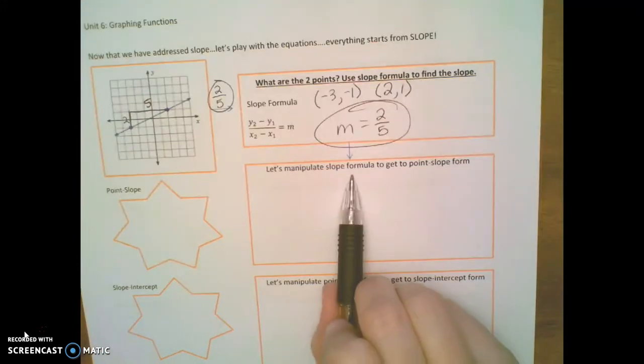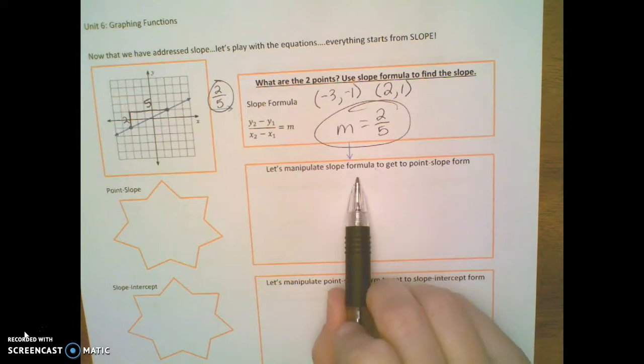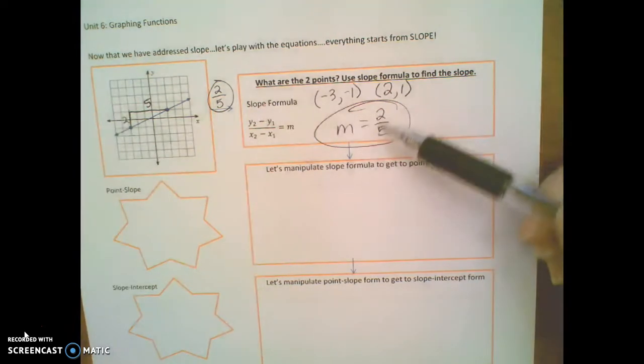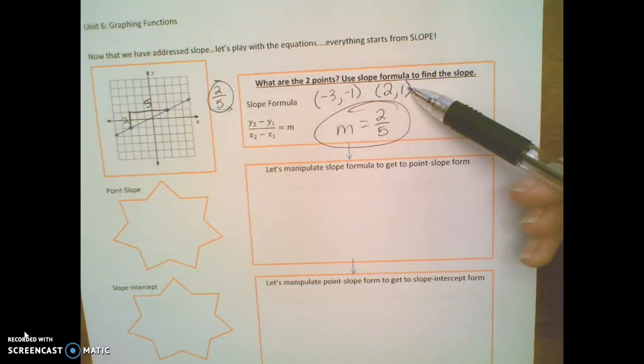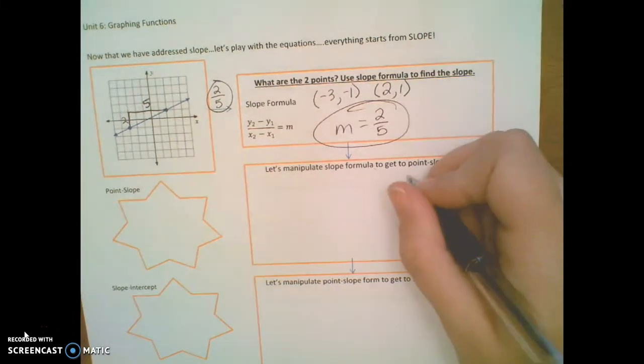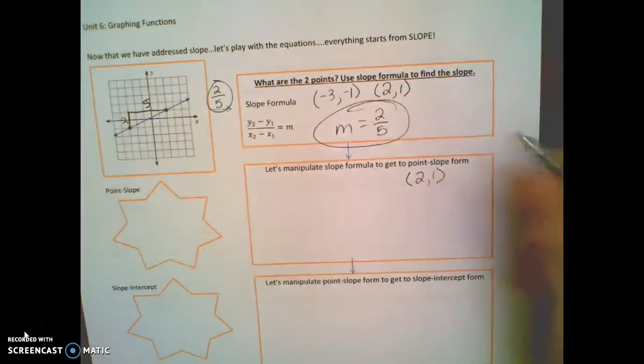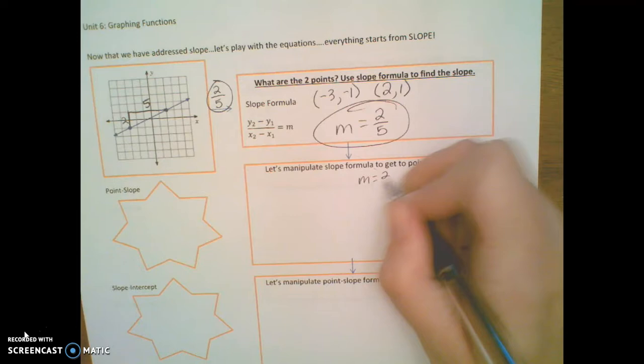Now we're going to make an equation in point slope form. All we need is a point and a slope. I like 2, 1 because there's no negatives, they're nice pretty numbers, and our m is 2/5.